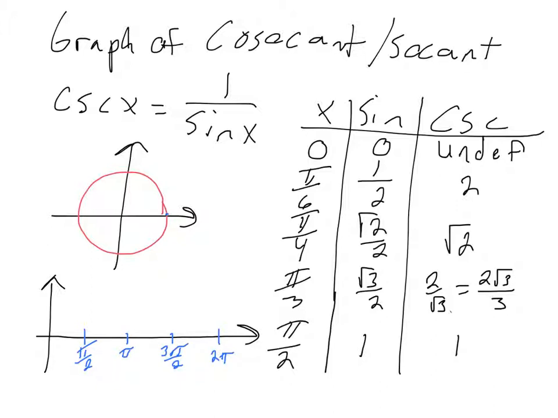And so what happens then is we start at undefined, so we have a vertical asymptote along the x-axis here, and then the function's going to end up coming down to 1, right? It's going to come down here, it's getting smaller and smaller until it sort of stops there and then goes back up, and then we have a horizontal asymptote right here.